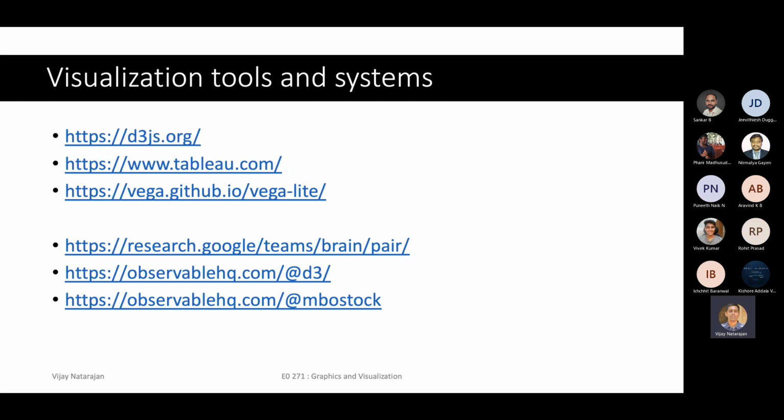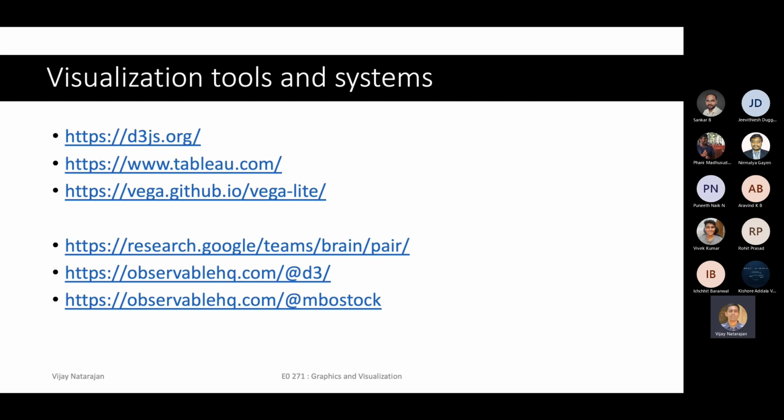Google has an AI team called Google Brain, and one of the main divisions there is AI and explainable AI and bringing visualization together with that. So if you're interested, you can look at the set of works that they have done under this link.